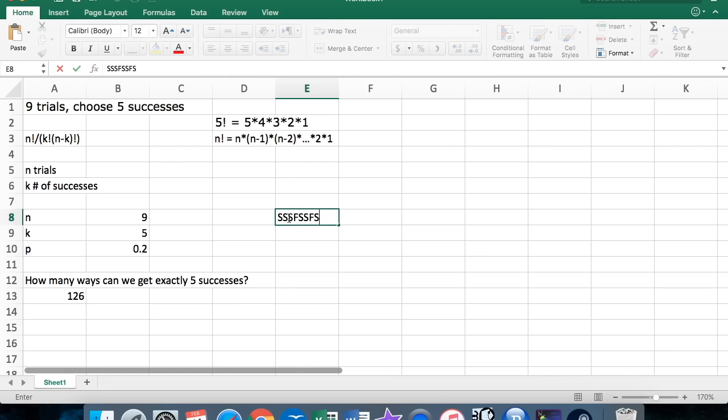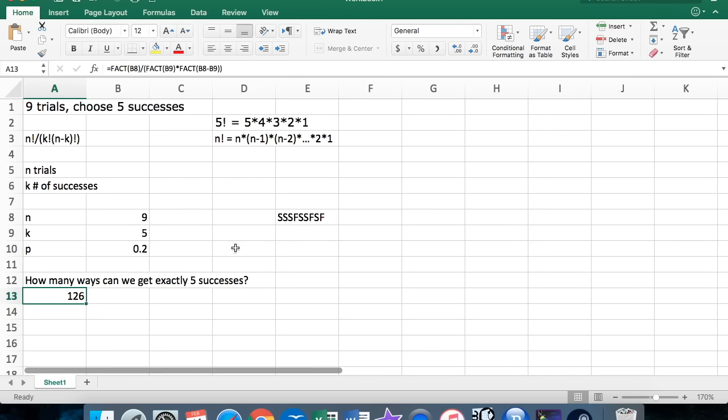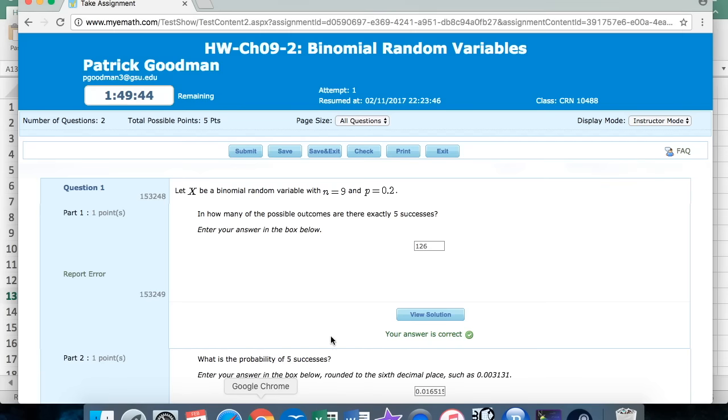You'd have to list out every single one of those, your entire possible sample space, and then count how many ways you get 5 successes. 126 is an awful lot of counting, so this formula helps us out quite a bit. That's how we can find exactly 5 successes, by using that formula.